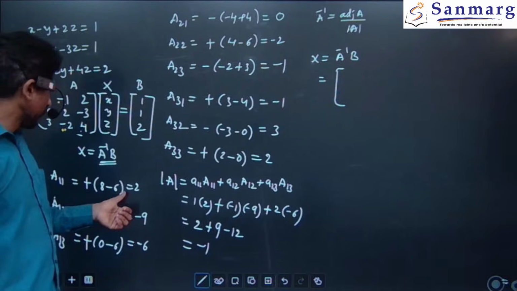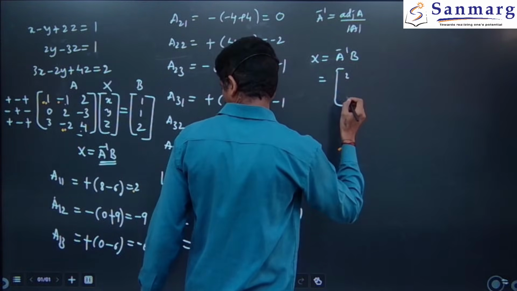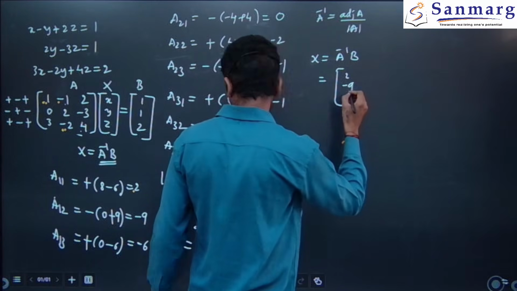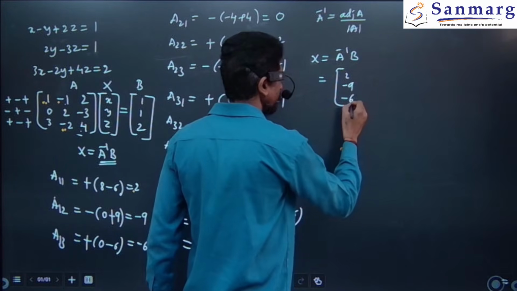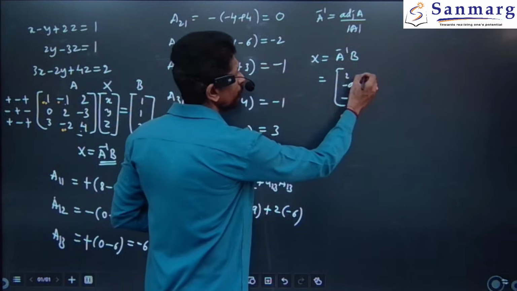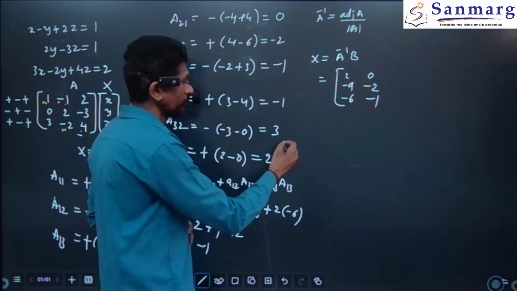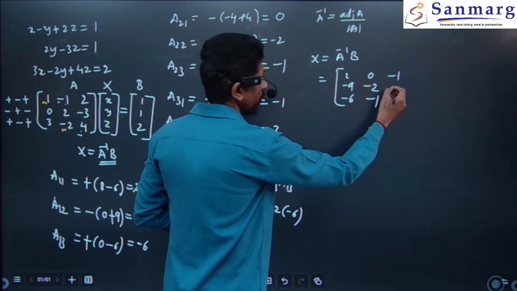The first row is 2, minus 9, minus 6. Next, the second column is 0, minus 2, minus 1. Third column: minus 1, 3, 2.